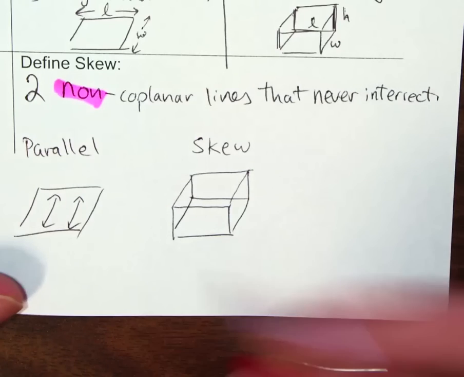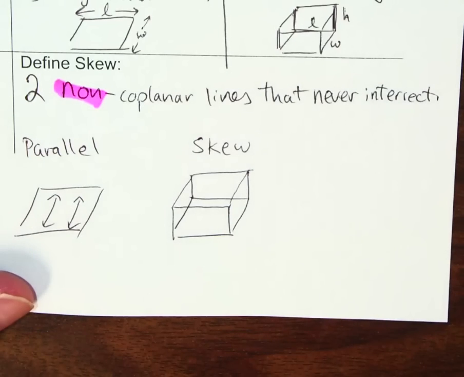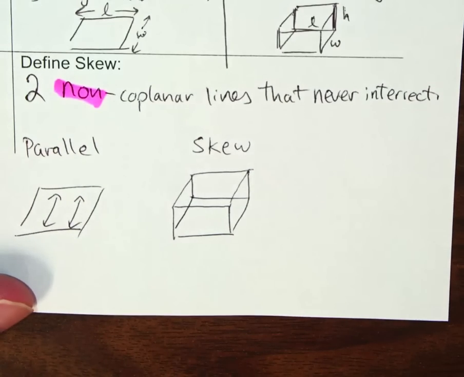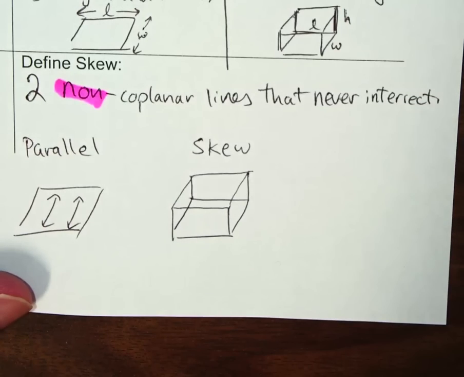And let's pick 2 lines that are non-coplanar. So they can't be on the same side of this box, which we're going to call a prism.